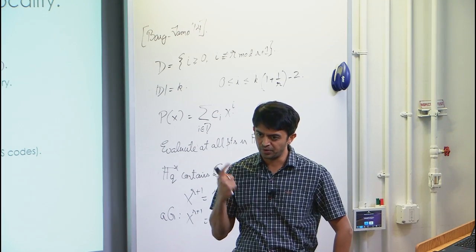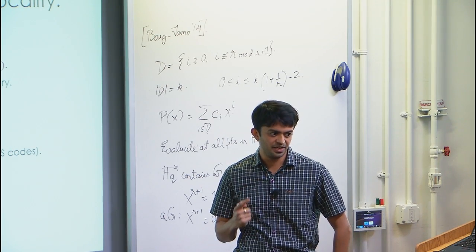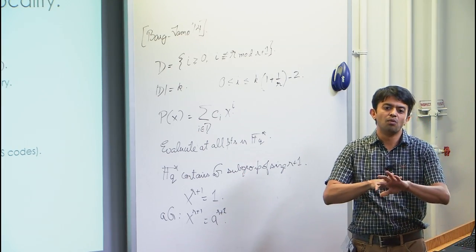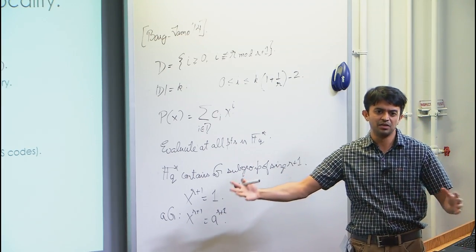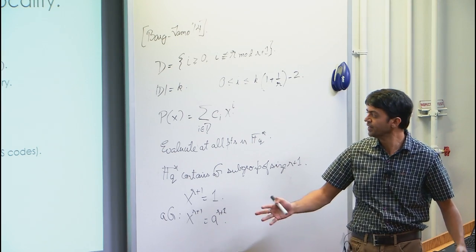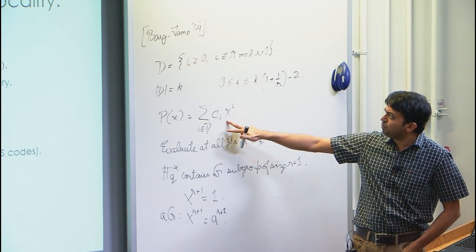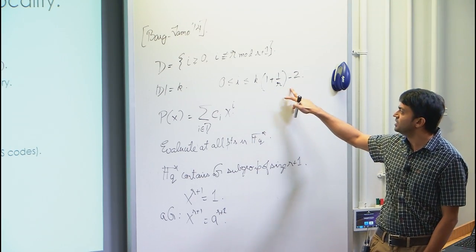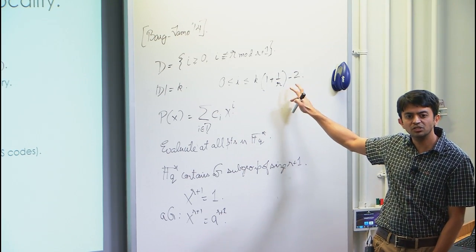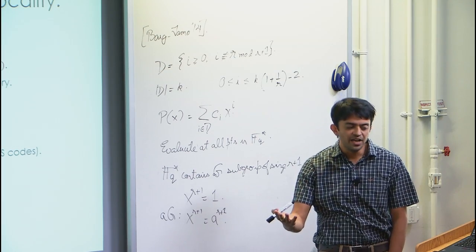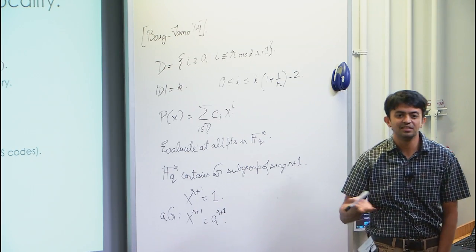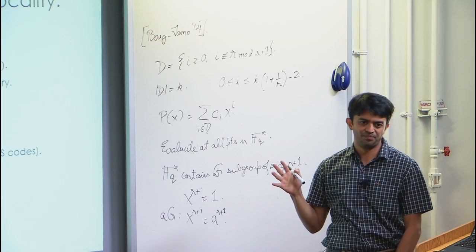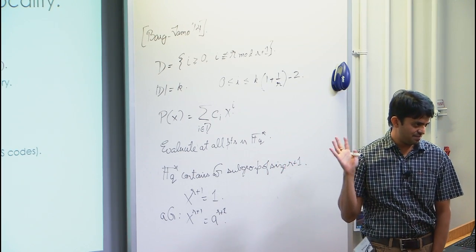There might be a way to get it by doing something clever in addition, but if you just puncture this, what you're getting is a bunch of evaluation points in F_q star. But now it's hard to argue that it's MDS because yes, it's univariate polynomials, but it's univariate polynomials of much higher degree than you expect, right? These are polynomials of degree 1 plus 1 over r times k. So it's not obviously an MDS code.